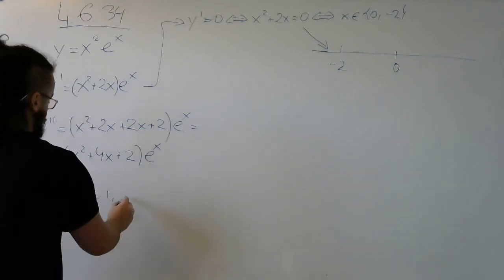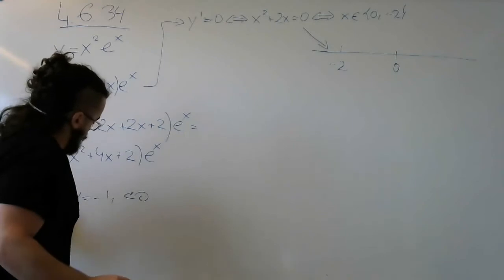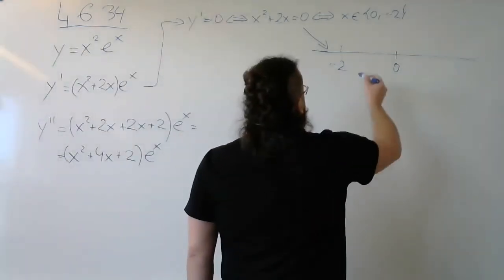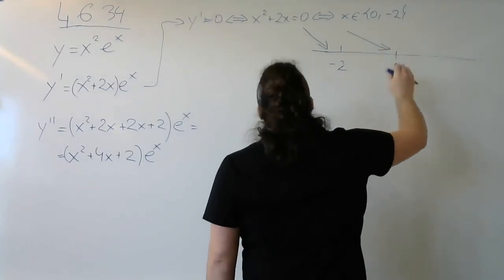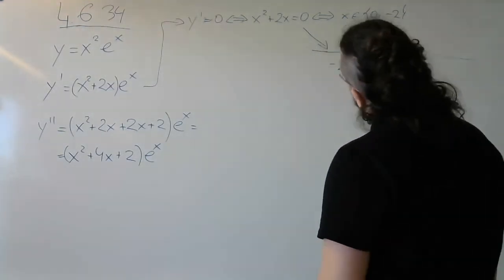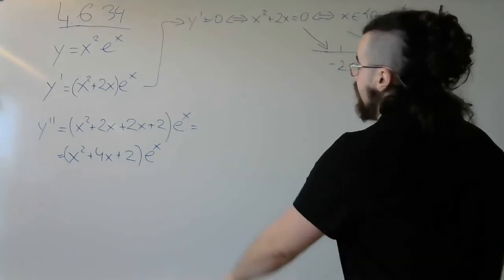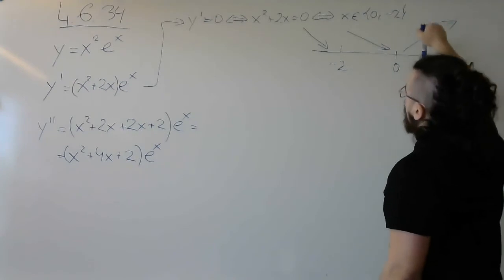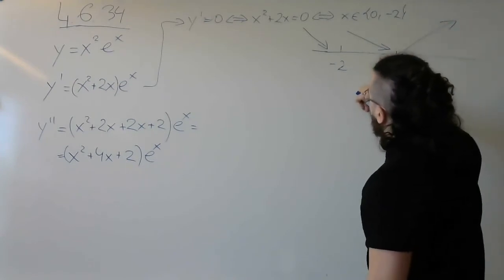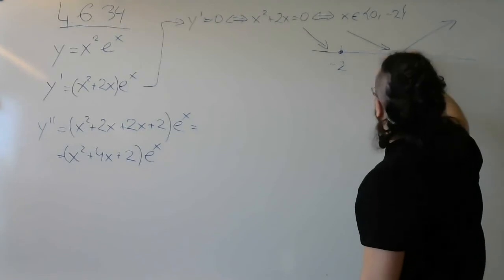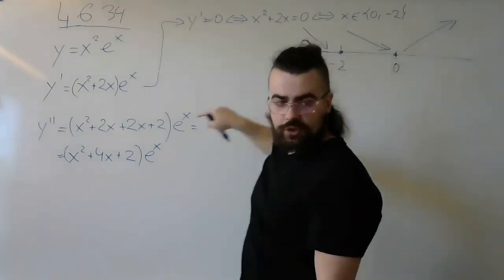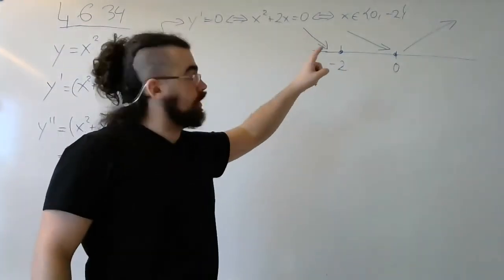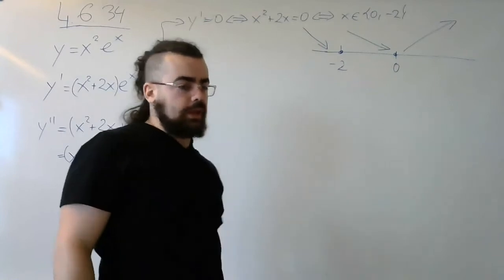Then this is 1, -2 is more than 0. This is more than 0 as well. And if x is greater than 0, both of those things are positive. So this is positive. So this already gives us an idea. This is not a local extreme. This is probably an inflection point where the function does something like that.